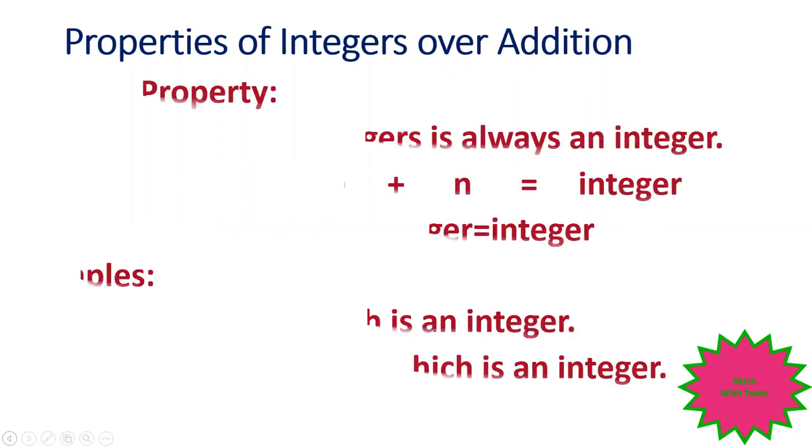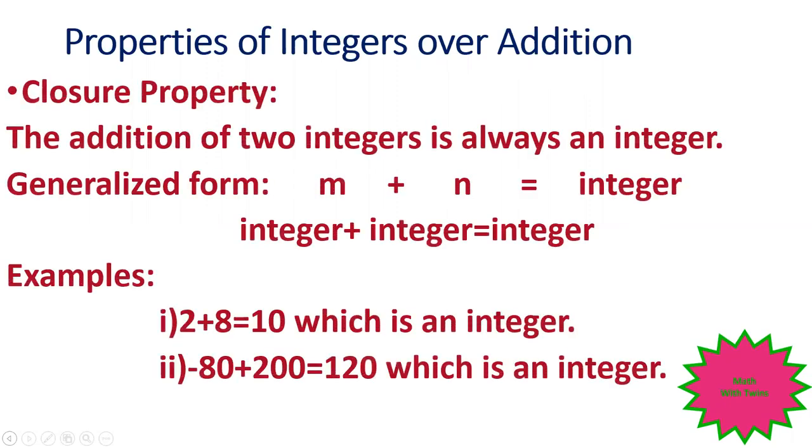Let's go to the first property, which is closure property. It says that the addition of two integers is always an integer. So the generalized form says m plus n equals an integer. Let's see through examples. Example 1: 2 plus 8 equals 10. So 10 is an integer, and 2 and 8 are also integers.